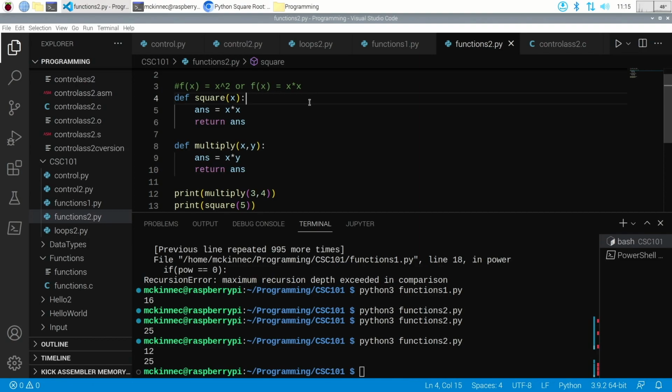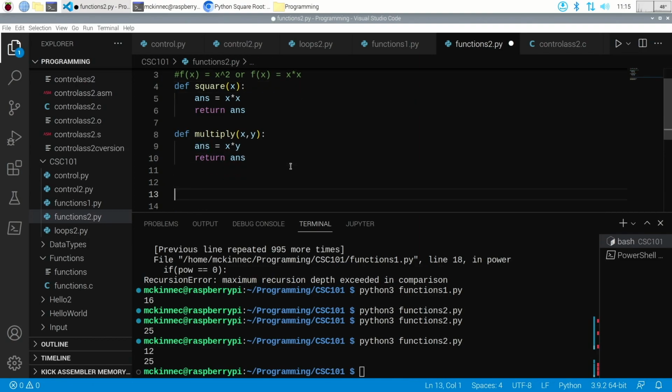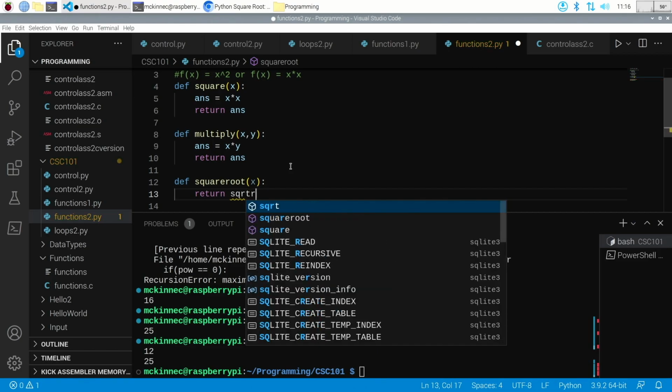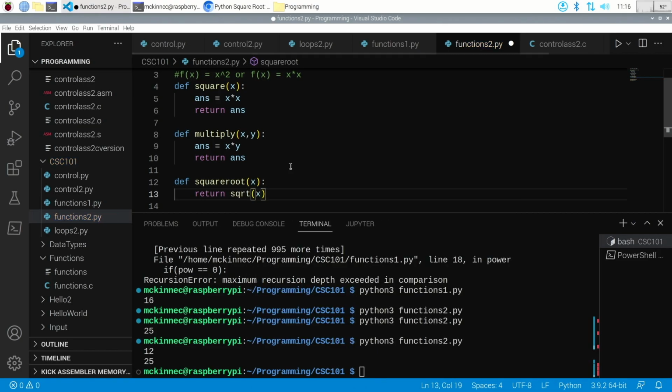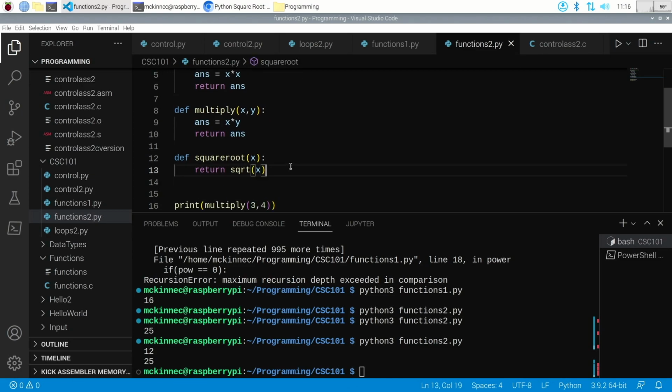Okay, so let's actually write such a thing. Python does have a square root function built in. It's called sqrt. And so I'm building my function out of its function.